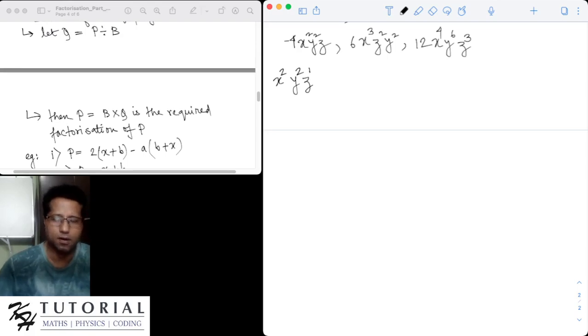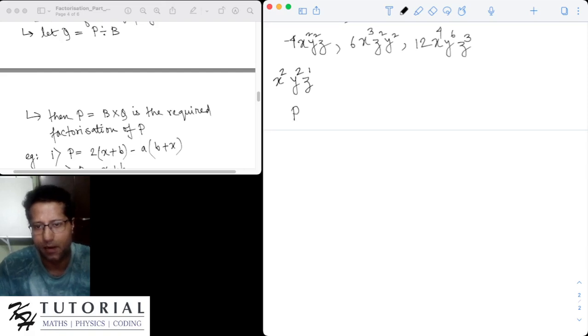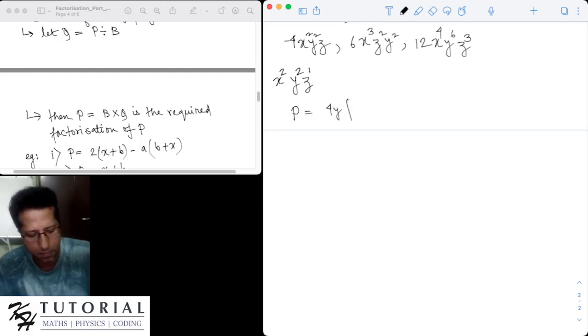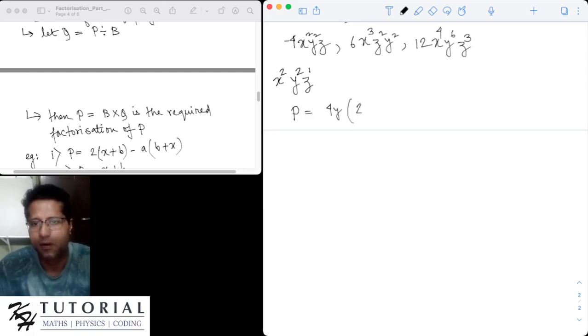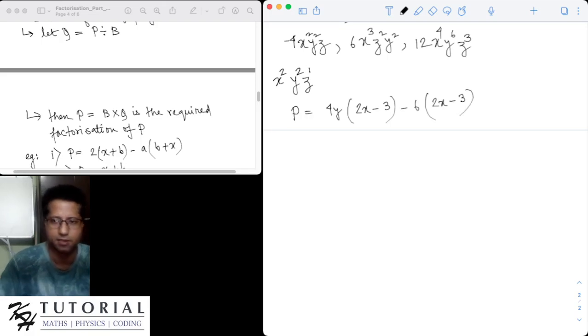Okay, so let's say you have a polynomial p of the form 4y multiplied by 2x minus 3, and you have minus 6 multiplied by 2x minus 3. This is a given polynomial, let's say.